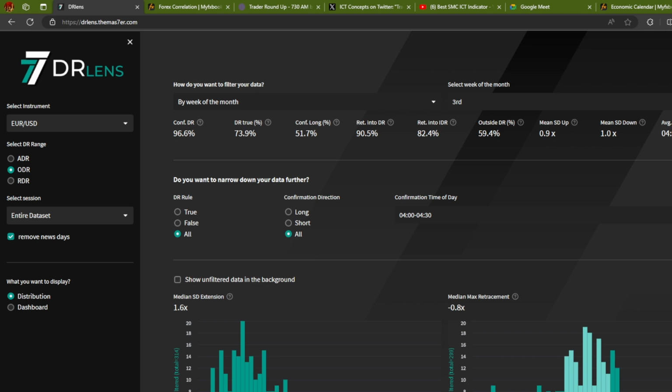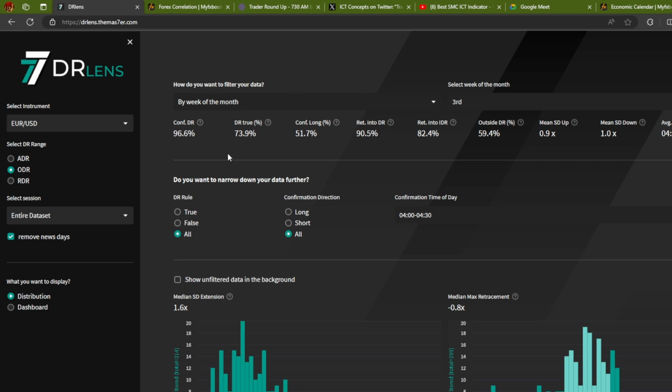4:39, we get a confirmation candle. What time was our confirmation today? I gotta switch through so much stuff. It's 4:50. 4:50, that's fine. 96 confirmation, 73% true, 51% long, returning to the 90 into DR's 90%.